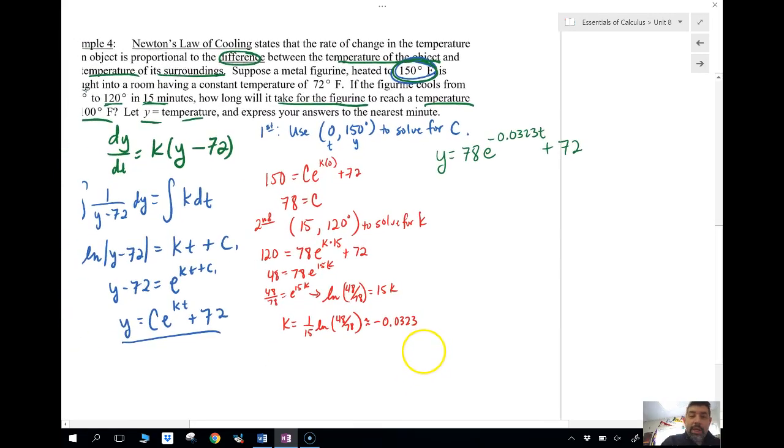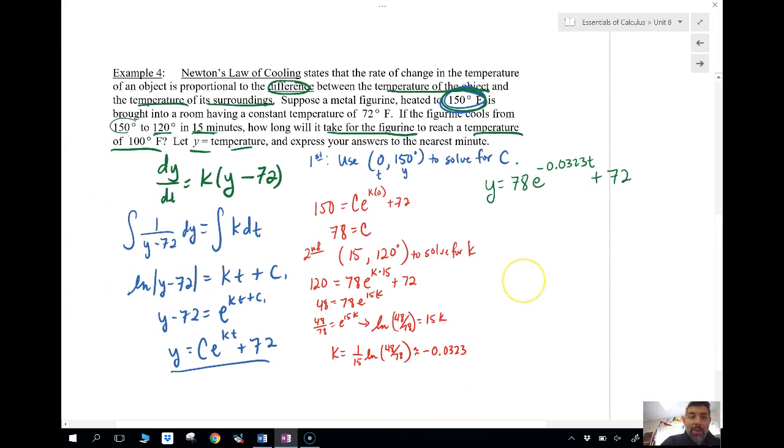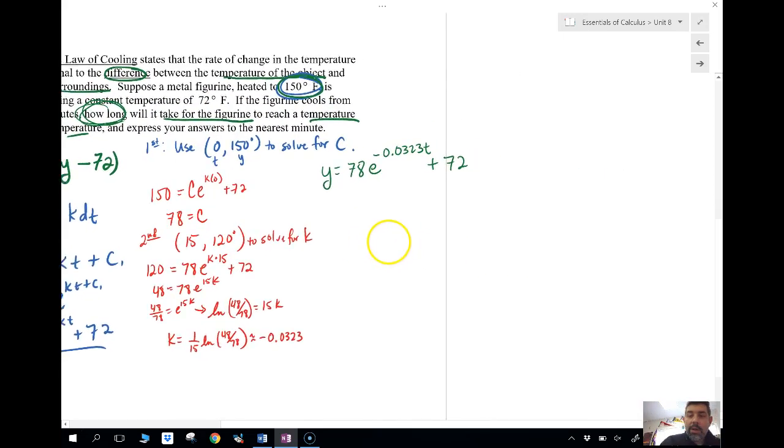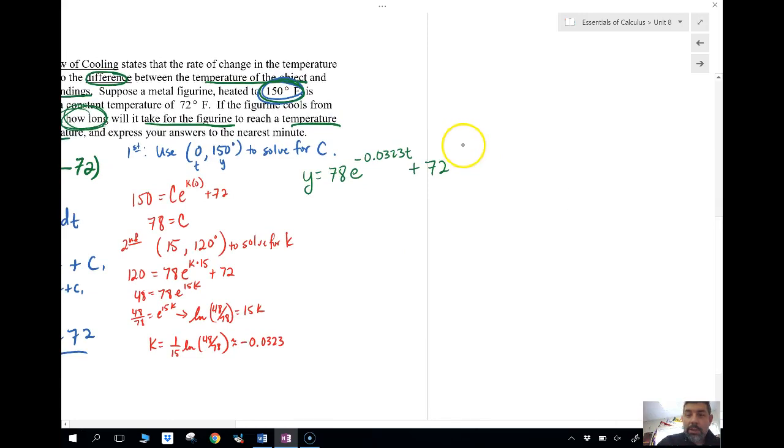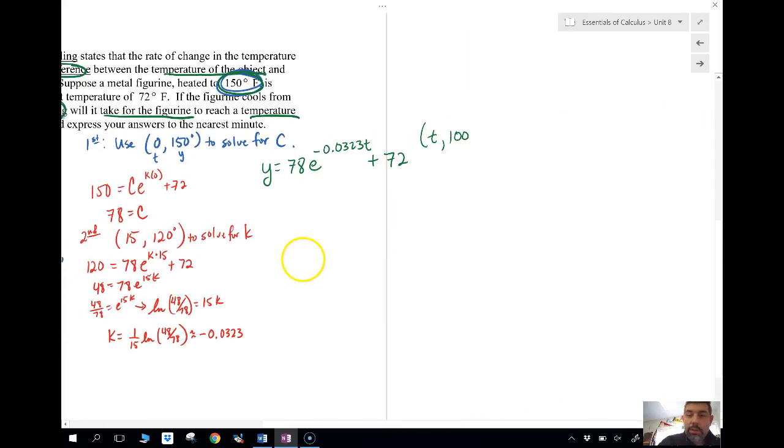You're probably thinking, man, I thought that was the whole thing. This problem's taking forever, because it says how long will it take for the figurine to reach a temperature of 100 degrees Fahrenheit. So now, finally, we're looking for t when the temperature is 100 degrees. So we're going to solve for t.